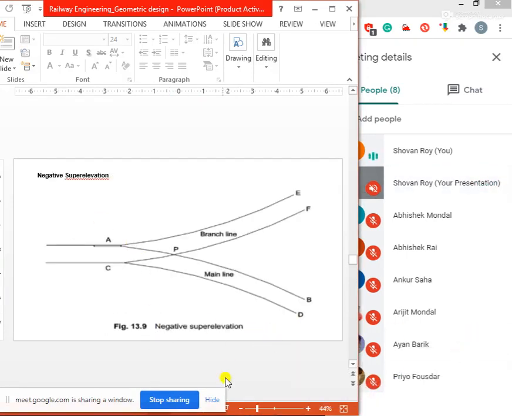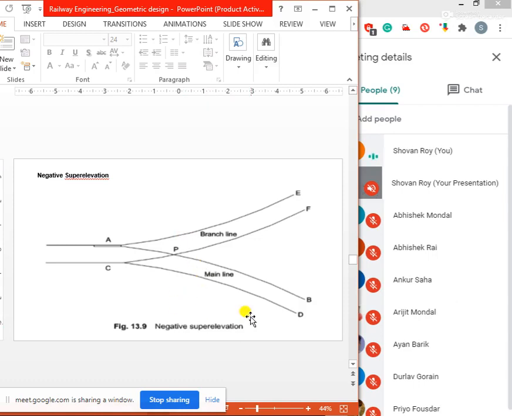This is your main line, AB and CD, and CF and AE is your branch line. Consider this main line and branch line configuration.